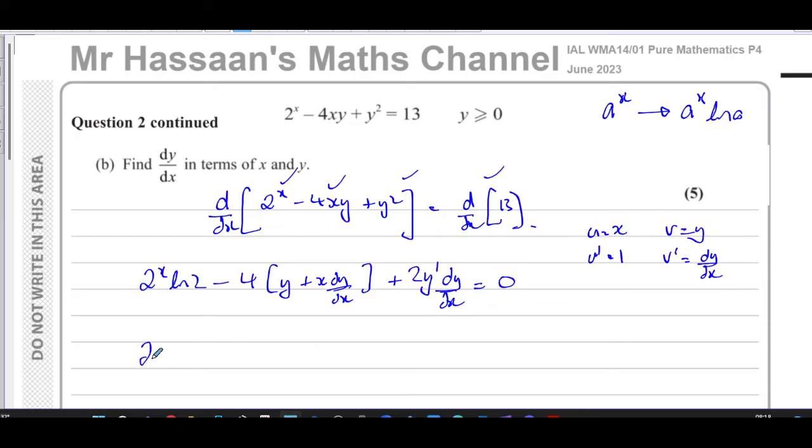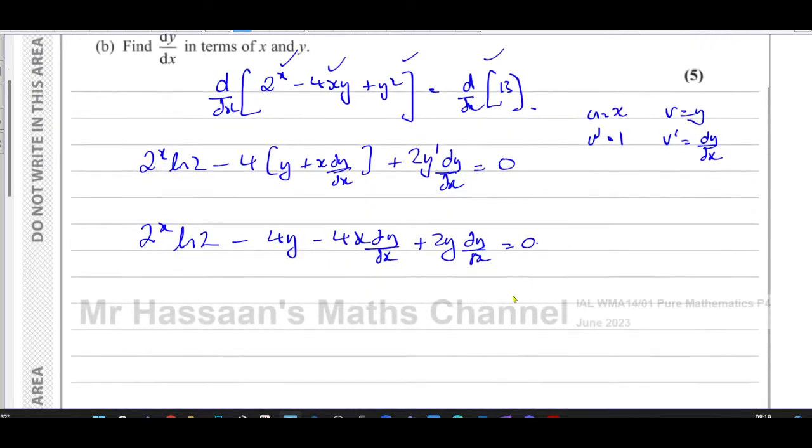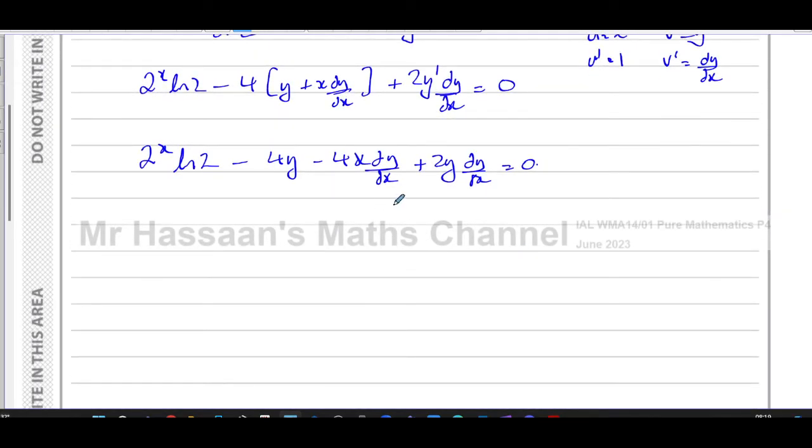So I have 2 to the power of x times ln 2 minus 4y minus 4x dy/dx plus 2y dy/dx equals 0. So what I'm going to do now is keep the terms with dy/dx on the same side of the equation.